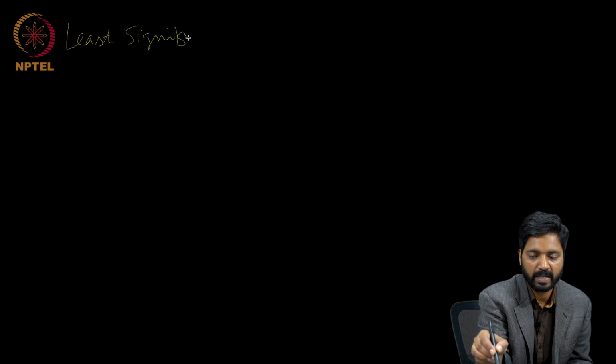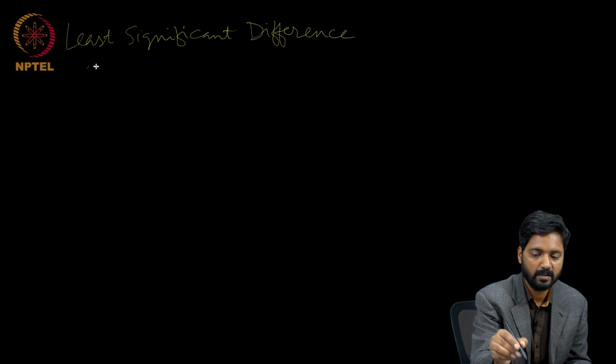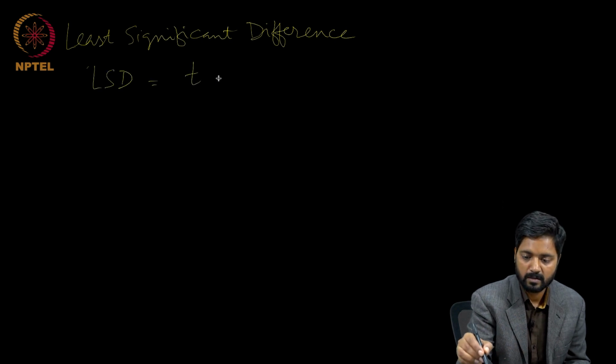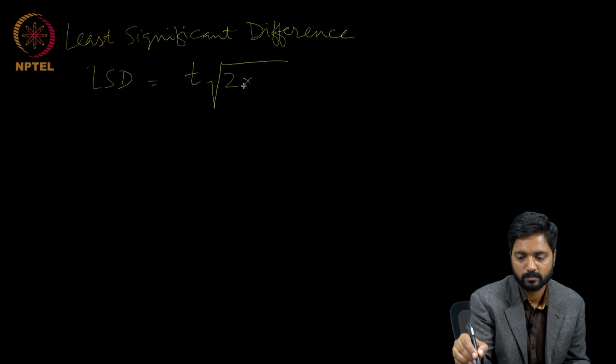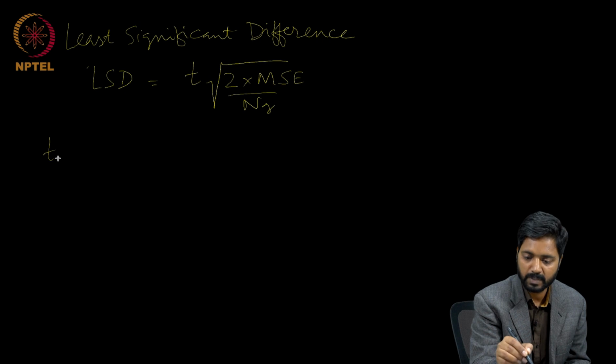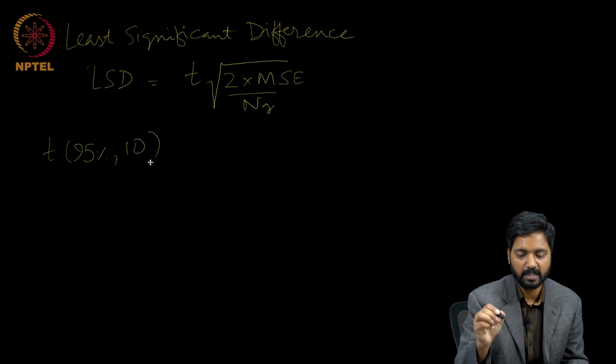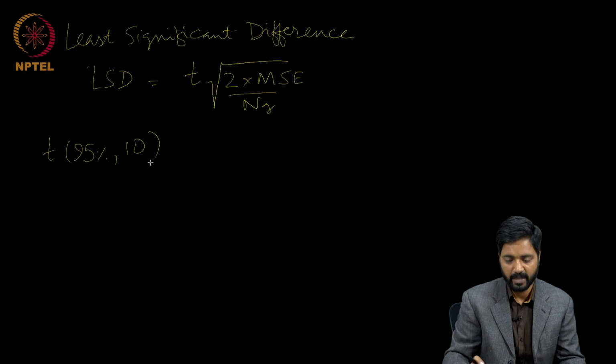So, the least significant difference for this data set will have the t value calculated again at 95% confidence level and at 10 degrees of freedom, which is 15 minus 5.